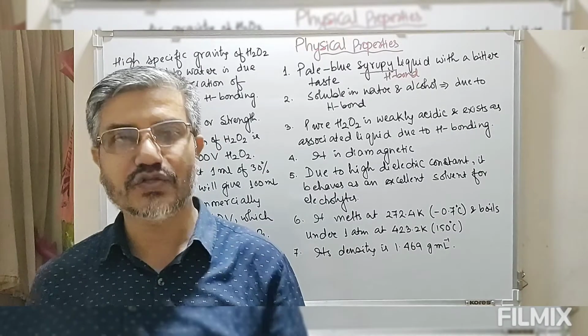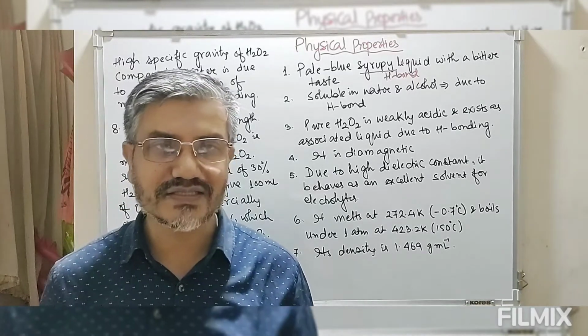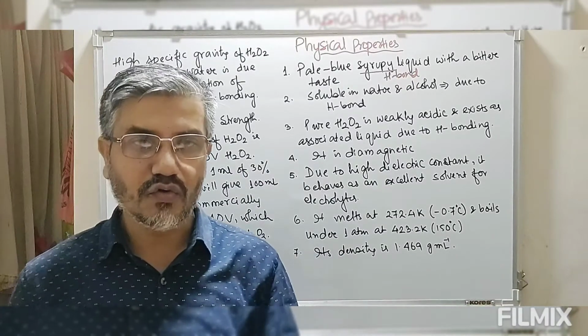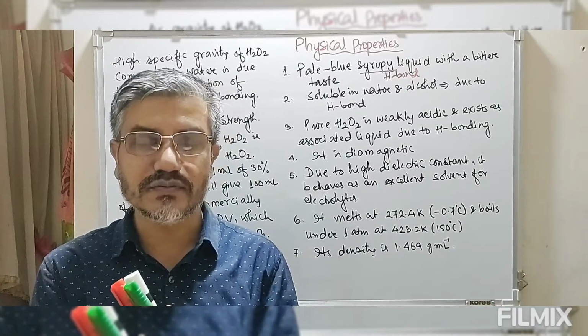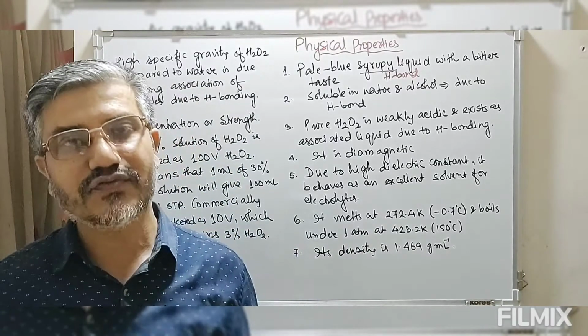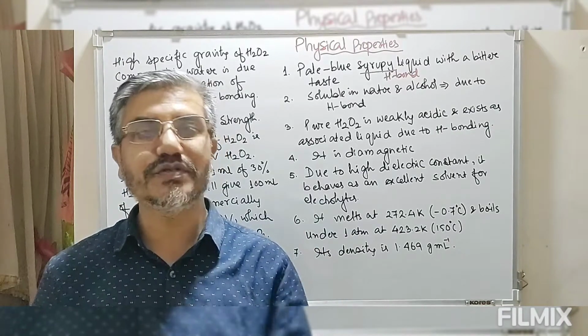Now the question is, why is this weakly acidic? The hydrogen which is bonded to oxygen in hydrogen peroxide is associated through hydrogen bond with another molecule. When this hydrogen is involved in hydrogen bonding with another molecule, the tendency for this hydrogen to release an H plus ion is extremely small.